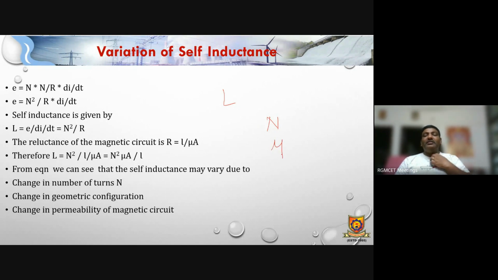Geometrical configuration is nothing but the length, whether you place it linear or circular. And the permeability is mu. So N, l, mu are the factors which are going to be altered, so that the value of L will change, and the self-inductance gets altered.